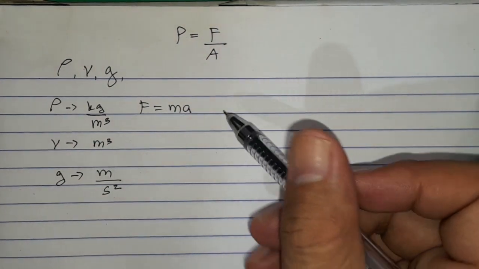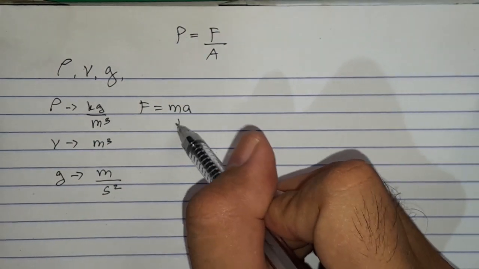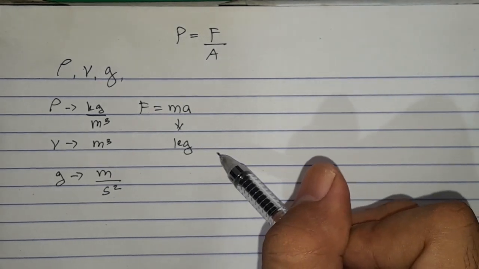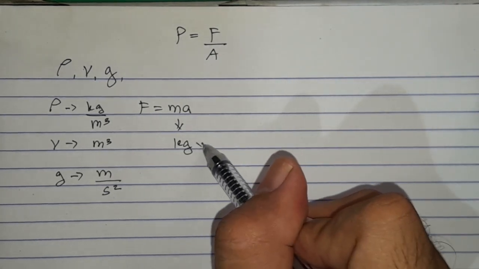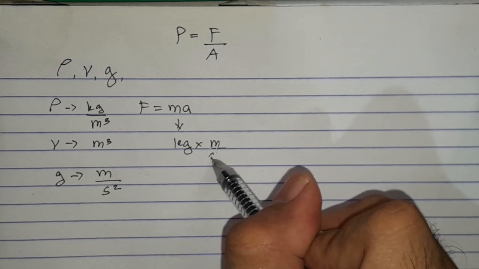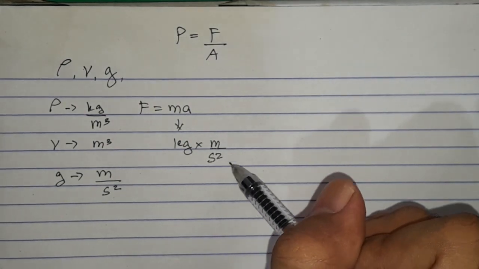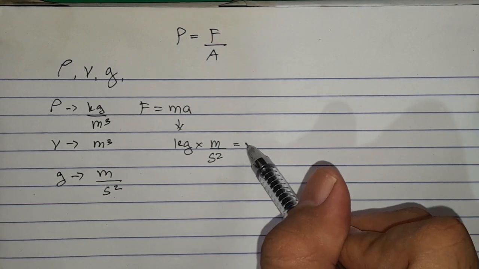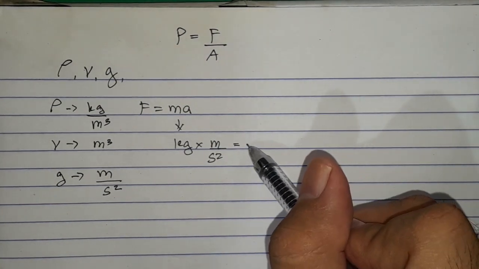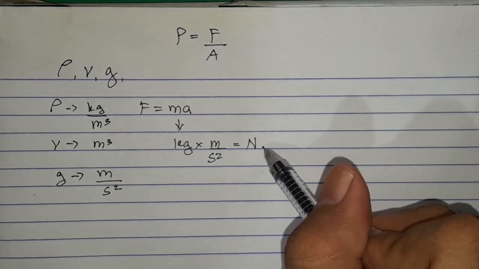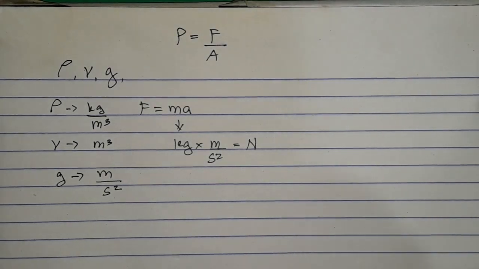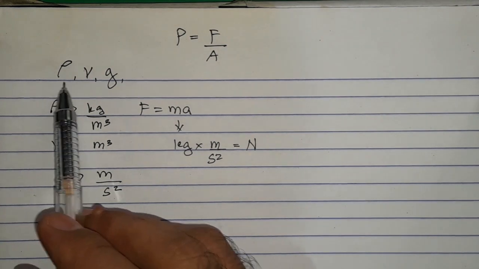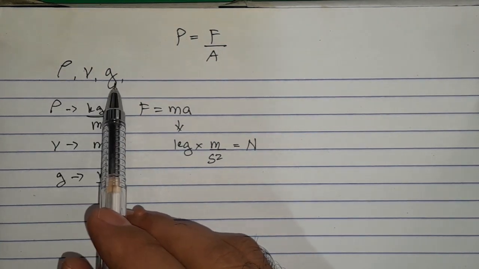The unit of mass is kilogram, and the unit of acceleration is meter per second squared. If we multiply these two units, that will be Newton.